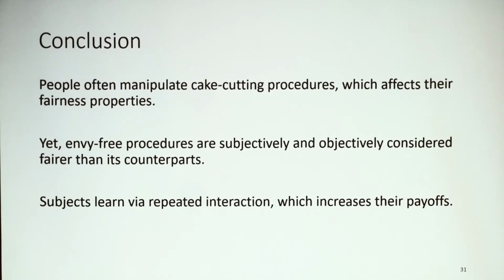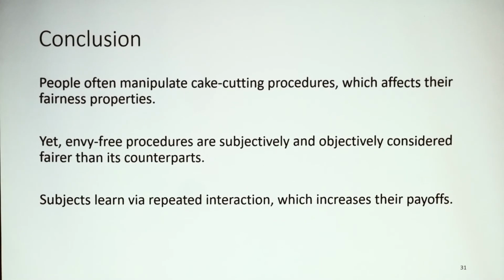Right. We tell them that they are going to play against the same player, so they have incentives to start learning through experimentation. We do not tell them that there are computers, but it's kind of obvious because once they cut the cake, the computer chooses automatically. Now, when we program the next experiment, there is some waiting time.